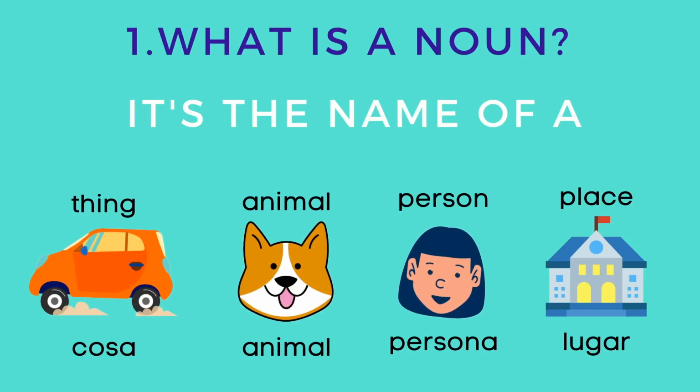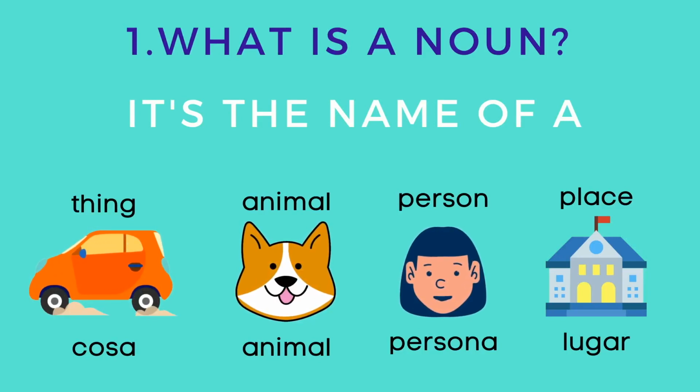Como mujer, niña, girl. Niño, boy. Mom, mamá. Dad, papá. And many other names or nouns for a person. And also is the name of a place, lugar, place, lugar. So these are nouns. Do you understand?